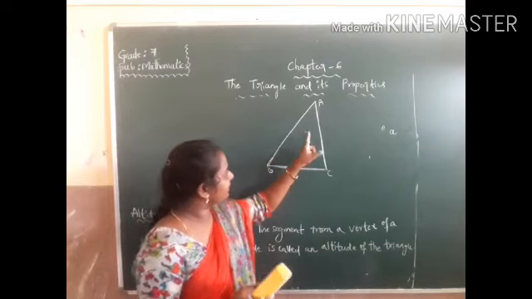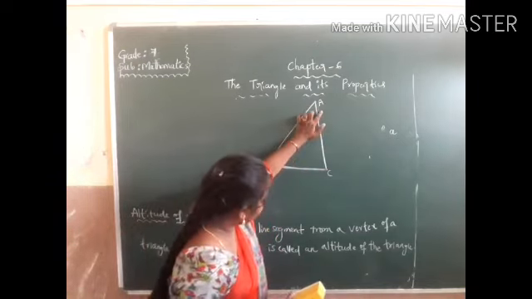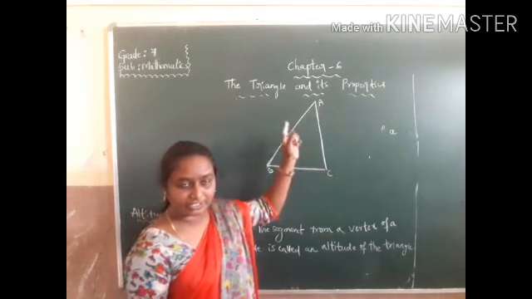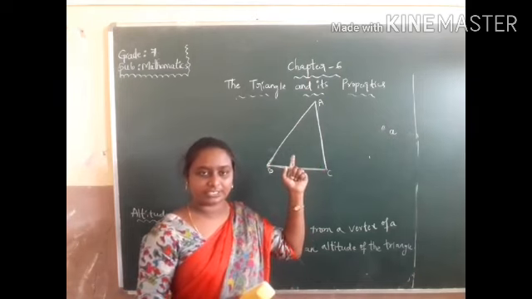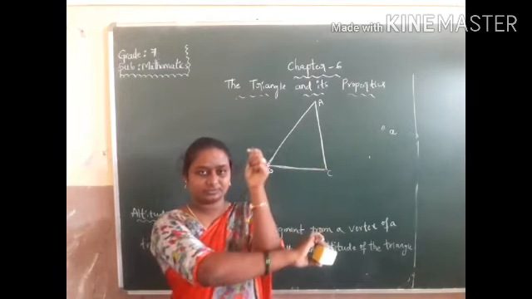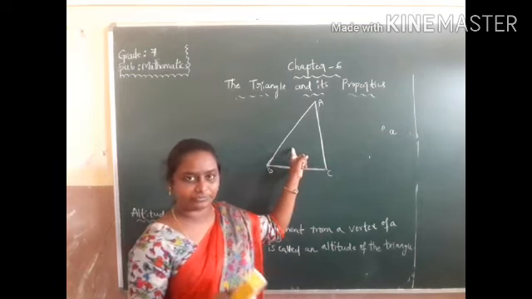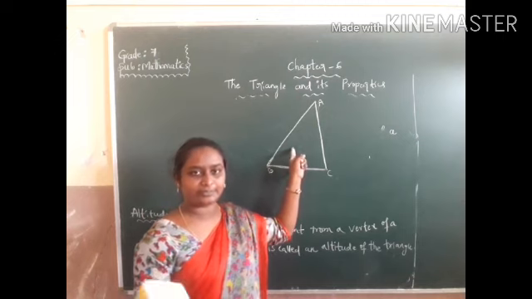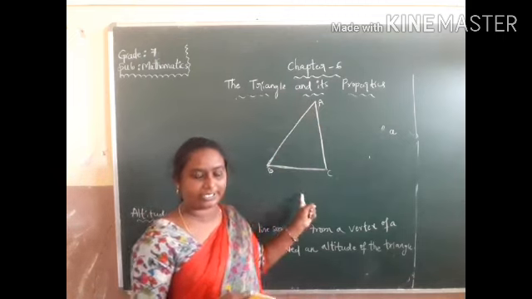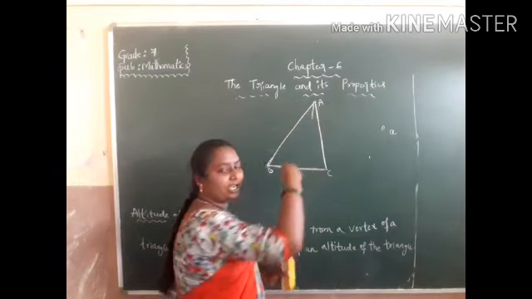You have to draw a perpendicular line segment here. How is the perpendicular formed? You know very well, if two lines form a right angle, 90 degrees, then we say the two lines are perpendicular. So here you have to draw a perpendicular line segment from a vertex of a triangle to the opposite side.